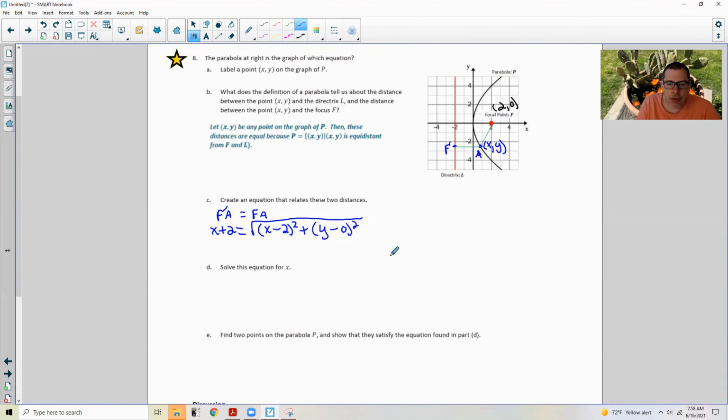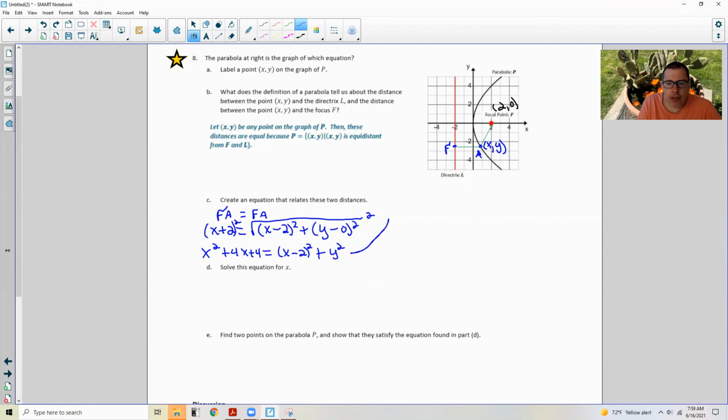Okay, so there it is. I want to get rid of that square root symbol, so I square both sides. When I square this, I'm going to get x squared plus 4x plus 4 equals x minus 2 quantity squared plus y squared.